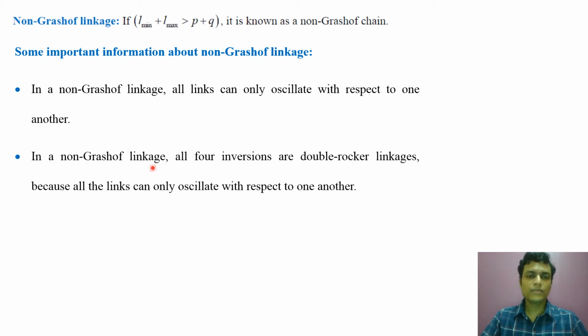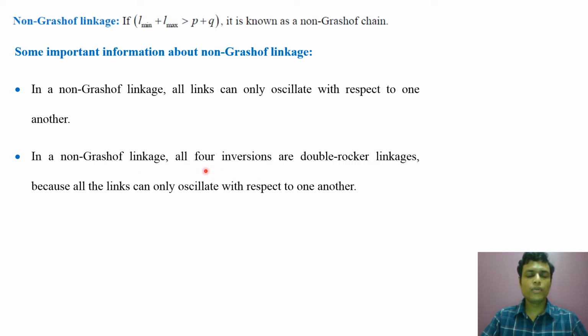In a non-Grashof linkage, all four inversions are double rocker linkages. Why? Because no link can make a full rotation with respect to any other link. So all will only oscillate and we will get all double rocker mechanisms.